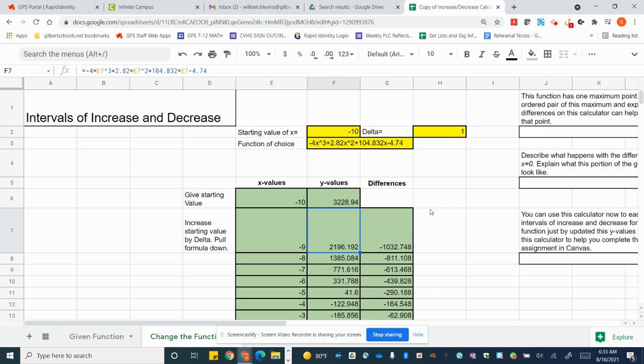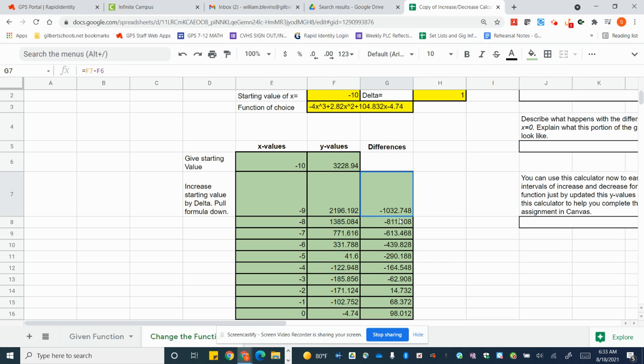So once you have this setup correct, and again, the setup was outlined at the end of the last video, now we can start to identify the rough general locations of our maximum and minimum. Recall, those are found by looking at where we see the differences column changing signs. Here we see all these negative signs, and then here we switch to a positive sign.